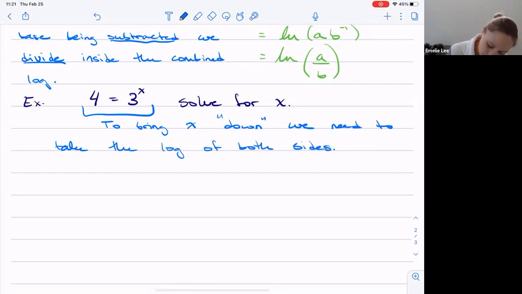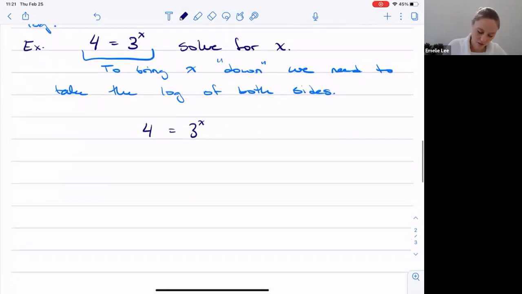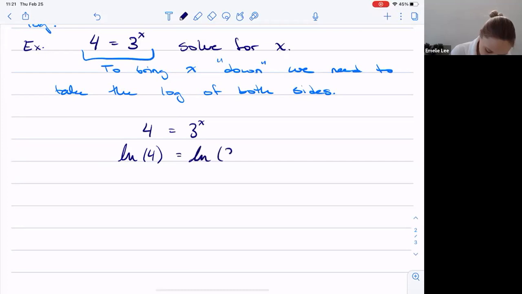Whatever I do to one side, I have to do to the other side. So I'll start and just write out the original equation, 4 equals 3 to the power of x. Then my next step is to take the log of both sides. So here, this becomes the log of 4, and you don't want to forget to take the log of 4, is going to be the log of 3 to the power of x.